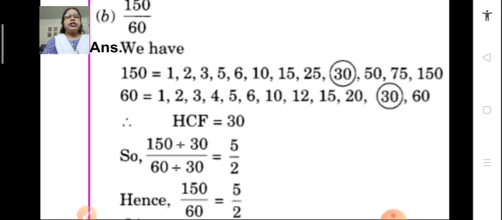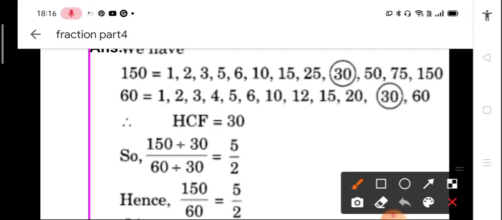Again one more fraction, 150 upon 60. For this fraction we have to find the simplest form. Again we write all the factors of 150 and factors of 60 and find the highest common factor. The HCF is 30.